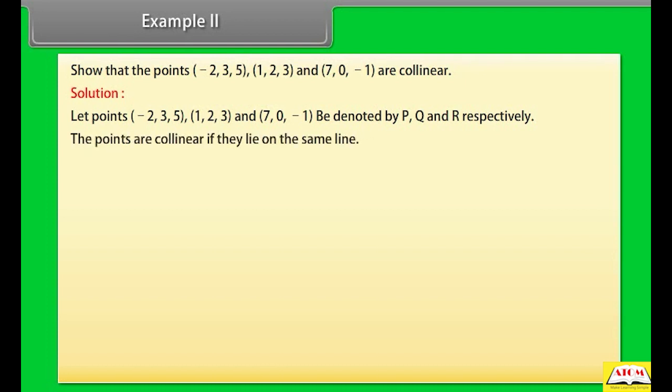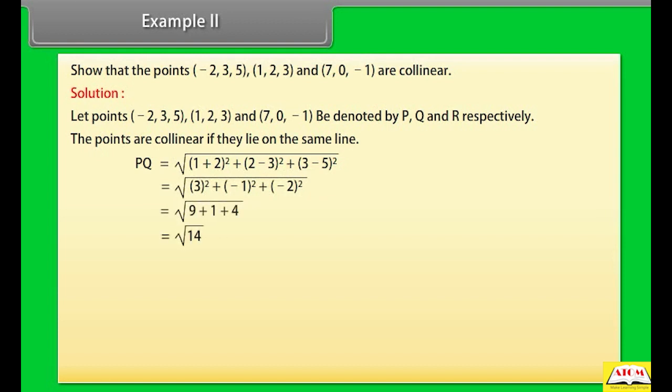The points are collinear if they lie on the same line. PQ is equal to square root of 1 plus 2 square plus 2 minus 3 square plus 3 minus 5 square. After calculating PQ, we get square root of 14.